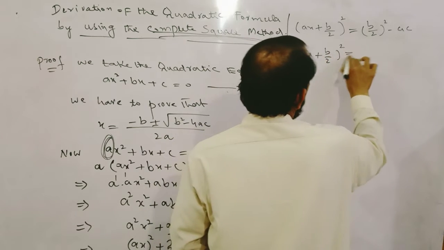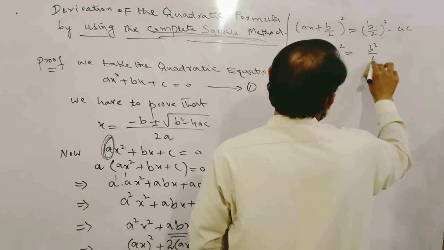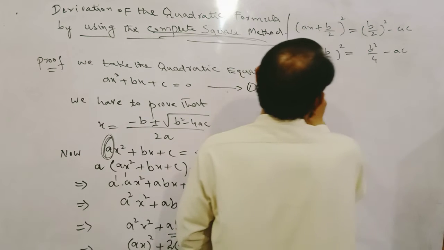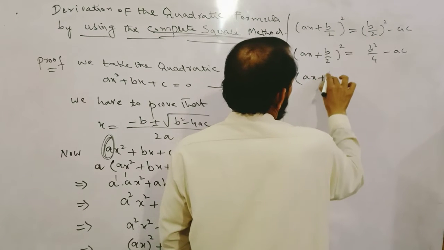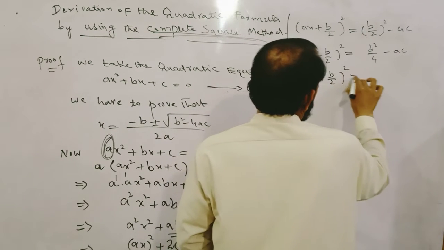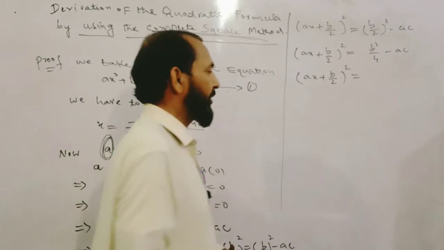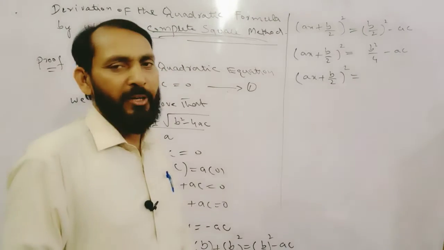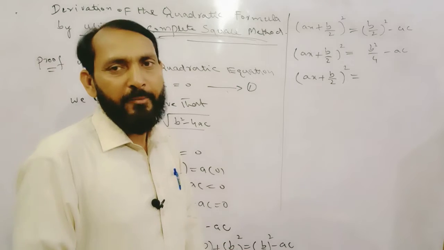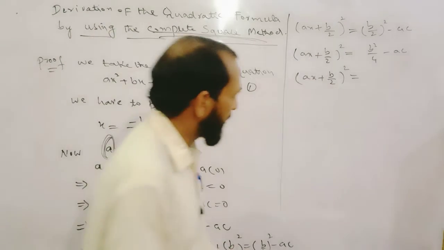After completing the square, we simplify here. b square over 4 minus ac, and we have the final form of the above expression.